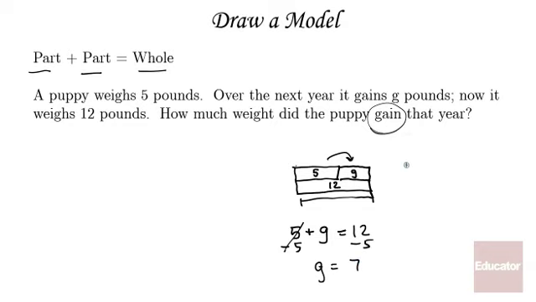The puppy started out at 5 pounds, he gained 7 pounds, and now he weighs 12 pounds. How much weight did the puppy gain that year? 7 pounds. Remember that you always want to answer a word problem with units. And our units here would be pounds.